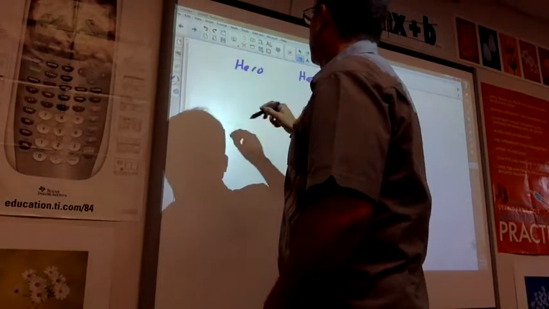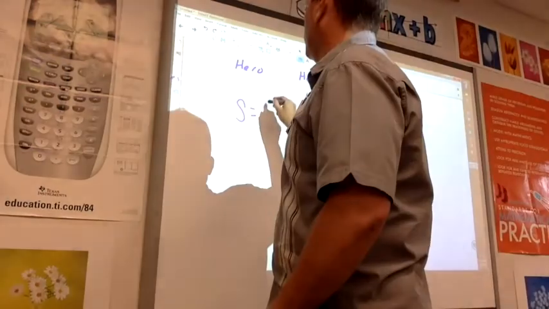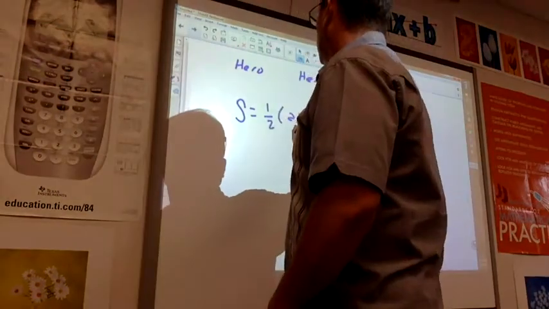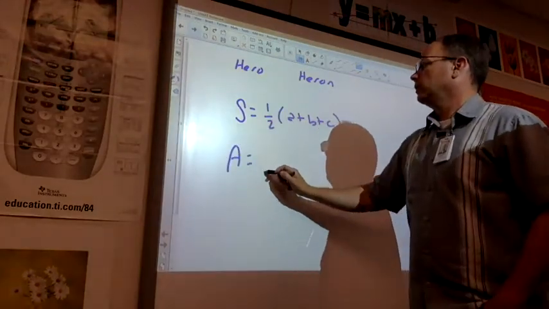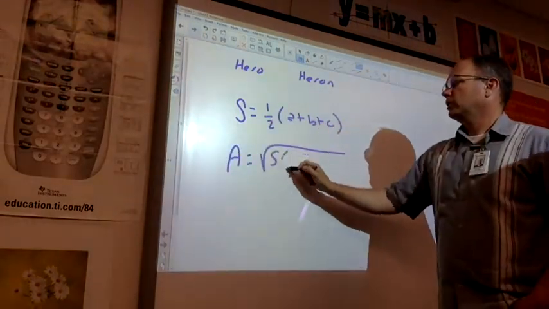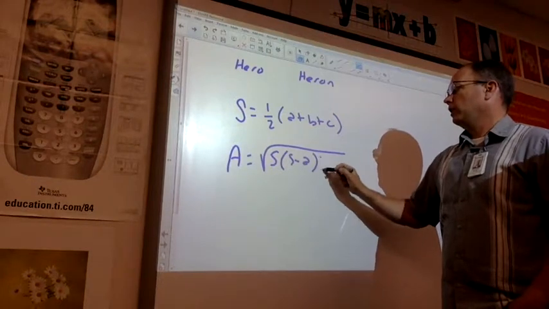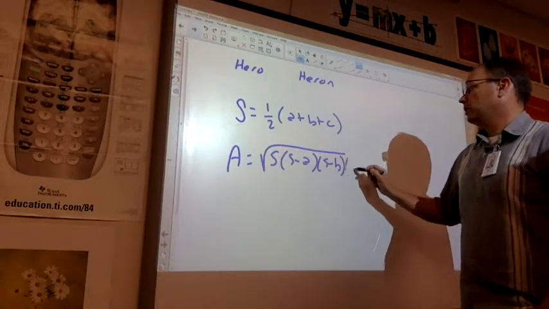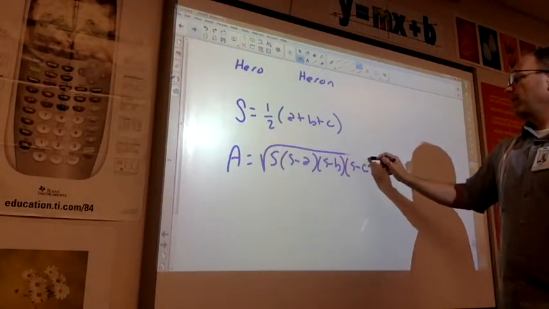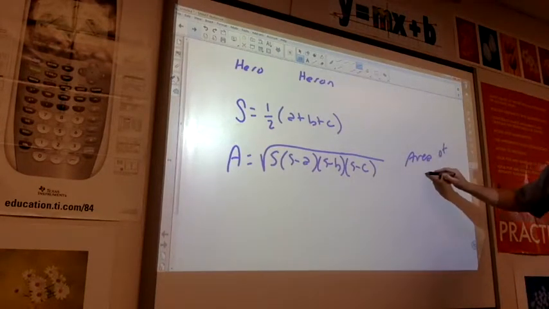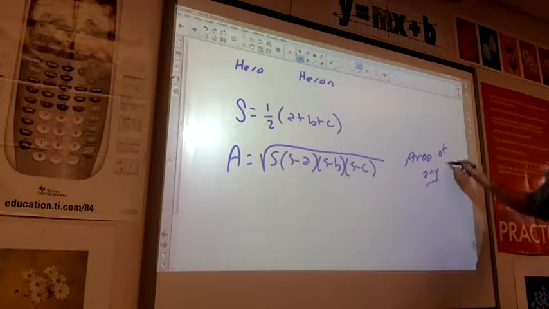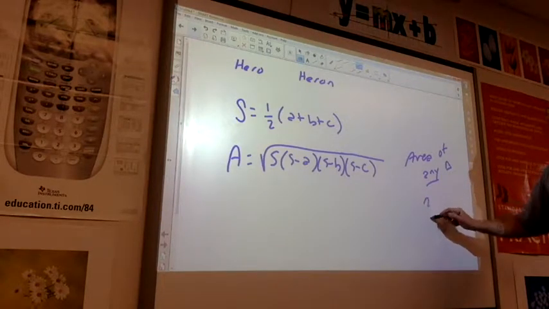So you have the semi-perimeter, which is this, and then the area of that is the square root of s times quantity s minus a, s minus b, s minus c. So this finds the area of any triangle that you have the 3 sides.